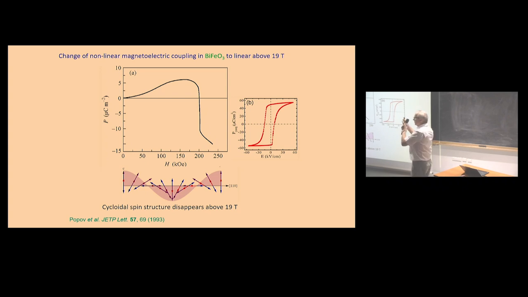You need a collinear antiferromagnetic structure, and then you can have linear magnetoelectric coupling, which appears here above 20 Tesla. If you apply a magnetic field of 20 Tesla, then okay, you switch the polarization, but it doesn't matter. Then you can have strong linear magnetoelectric coupling.